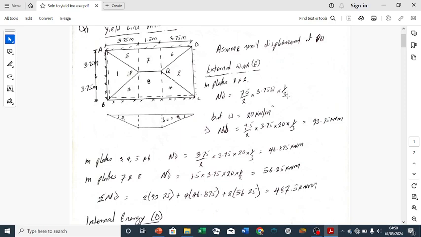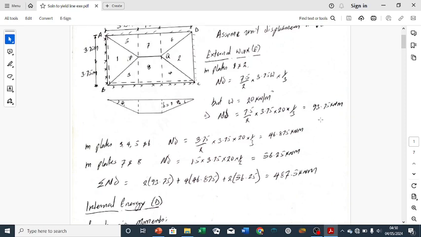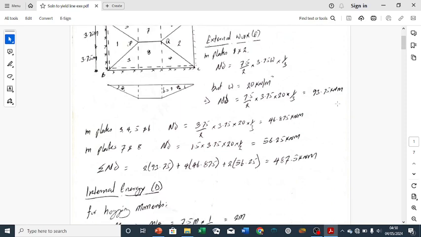But if you get confused, the simplest way is whenever you have a triangle, you use 1 over 3 as delta. Whenever you have a rectangle, you use 1 over 2 as your delta. So if we know what W, here the UDL, is, 20 kilonewton per meter squared, and we substitute that, our N delta will give us 73.75 kilonewton meter.